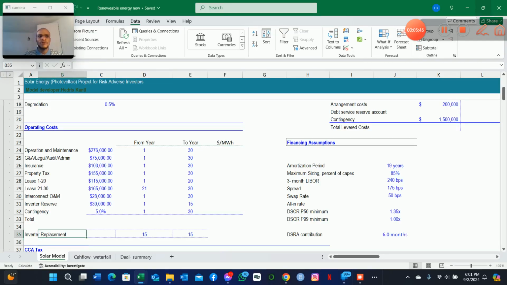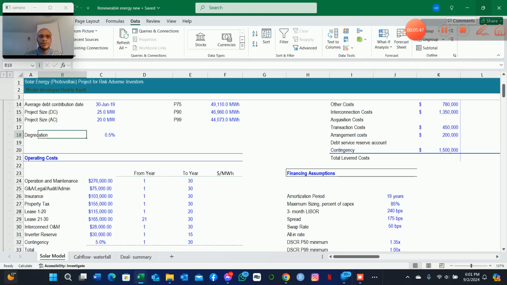And we also have what we call the degradation. Degradation, as we know, photovoltaic panels are built with exposure to certain conditions such as UV exposure and also weather exposure. So because of weather cycles and UV exposure, they degrade over time.